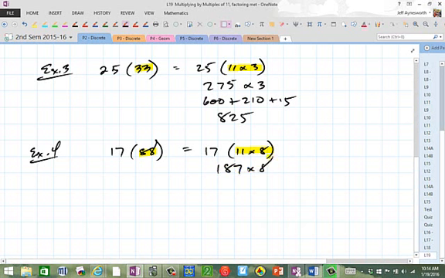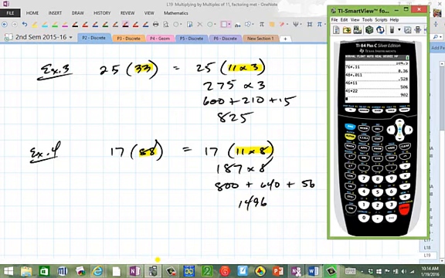And then I have to multiply that by 8. 8 times 100 is 800. 8 times 80 is 640. So I've got 1440 in my mind. And 8 times 7 is 56, so I'm thinking 1400, plus 96, because 50 and 40 is 90. So 1496.